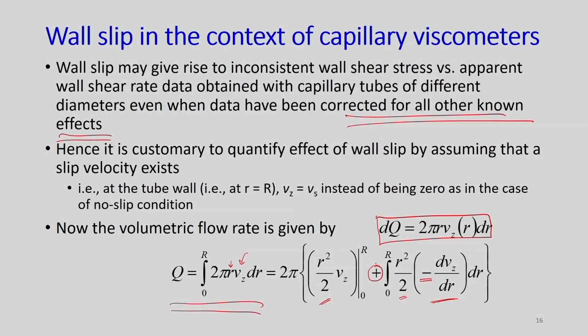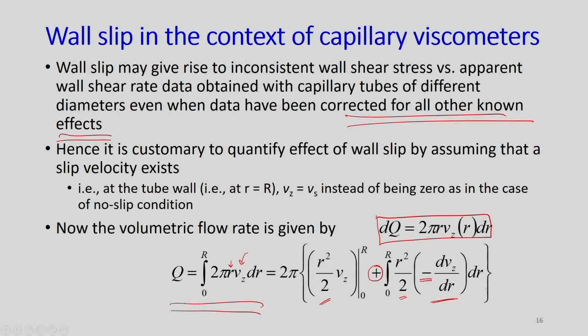We write minus dVz by dr because it indicates the shear rate information, that is, the shear rate decreases with increasing r values. Okay, this is what we have seen.